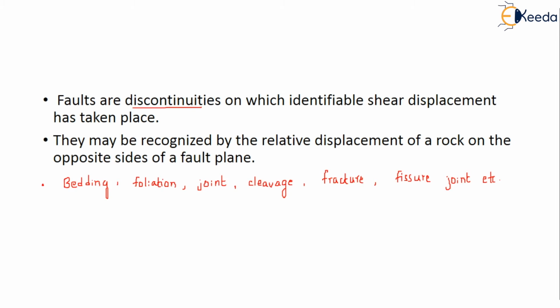Let me repeat, a division is made between mechanical and integral discontinuities. Some may be mechanical and some may be integral, which are already there in the rock. You have to understand this.